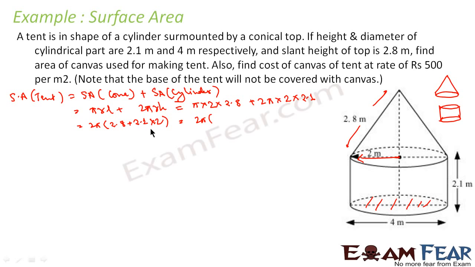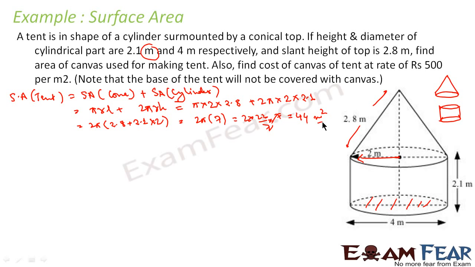You add, 2.8 plus 4.2 is 7. 2 pi into 7. Now we'll put the value of pi also. 2 into 22 by 7 into 7, cancel. This becomes 44. Since we are talking about meters and area, this becomes 44 meters square. So the surface area is 44 meters square. That is done.